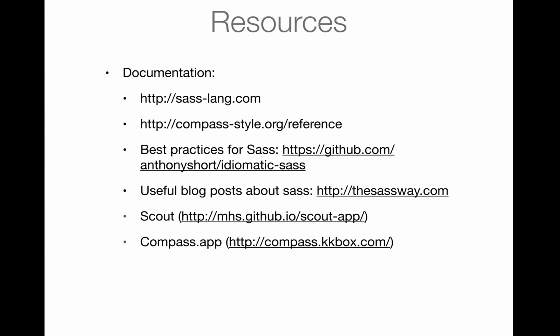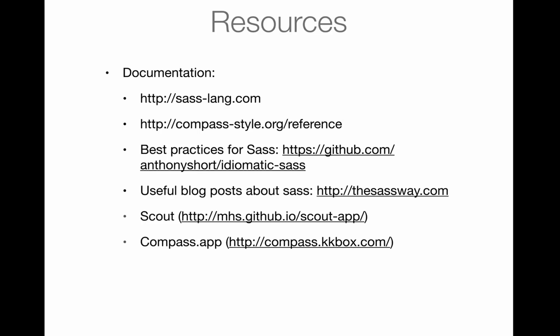So how to use extends versus mixins, and the ordering and just the organization. And if you're really into writing code that's semantic and makes sense and is efficient, then it's a really great article to read. There's a bunch of really great blog posts about Sass at thesassway.com.